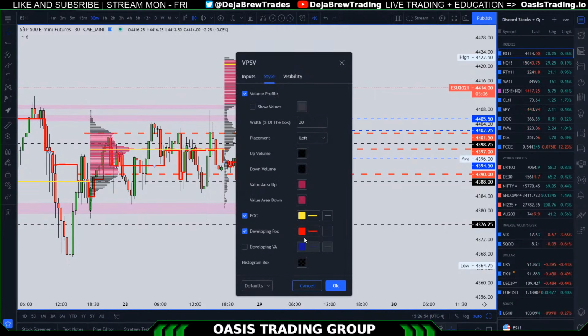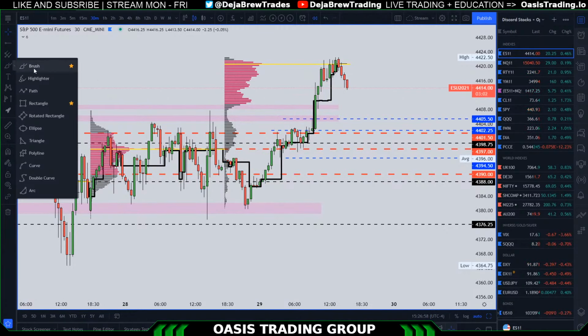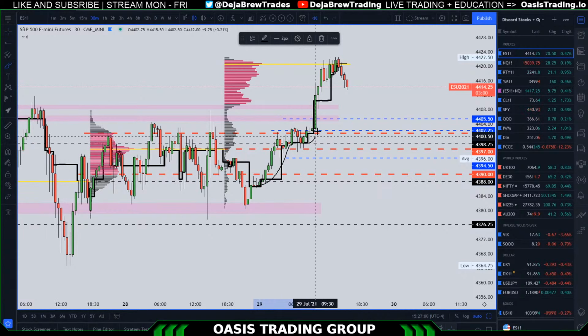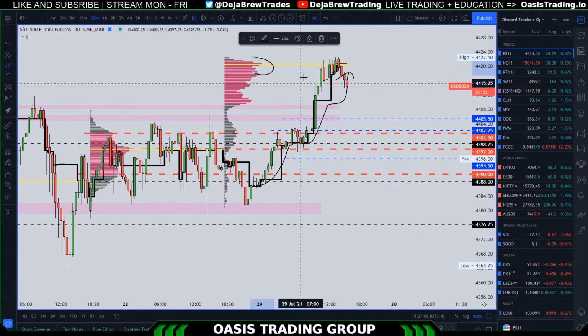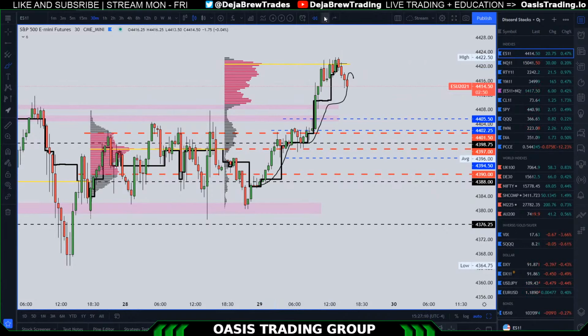Make that a different color. You see how we're constantly just shifting higher, shifting higher, shifting higher. That shows us that our profile is finding value at these higher prices. People are paying more for the S&P 500. Okay, they are finding more value as the S&P 500 goes up in value, goes up in price, I should say.